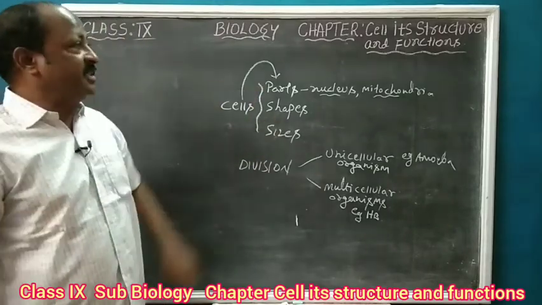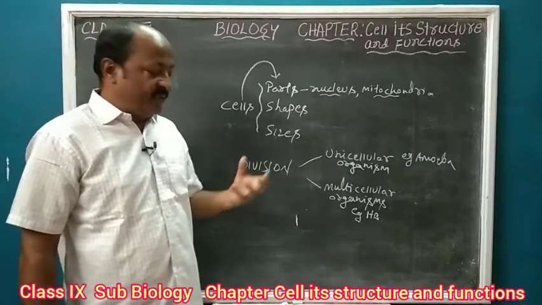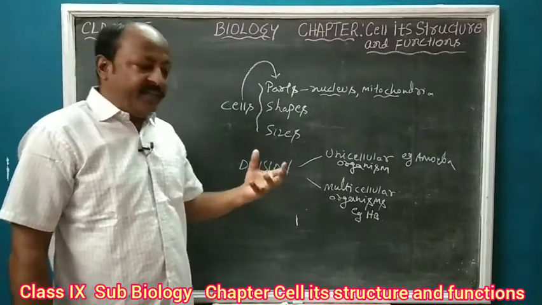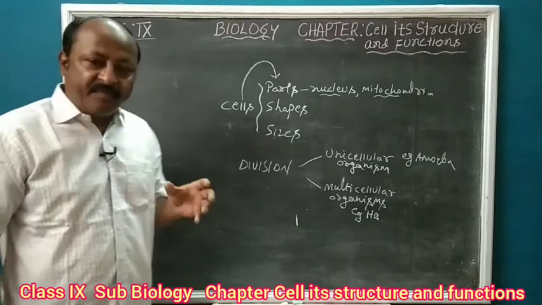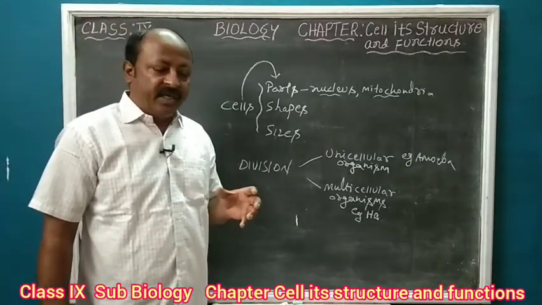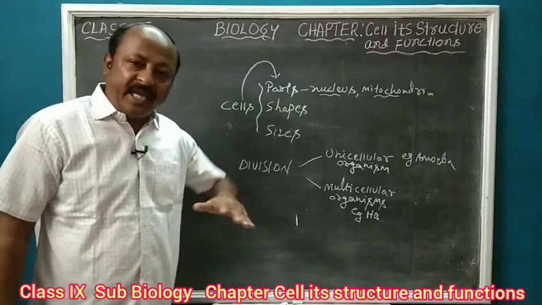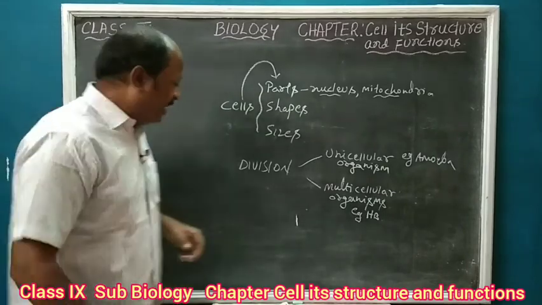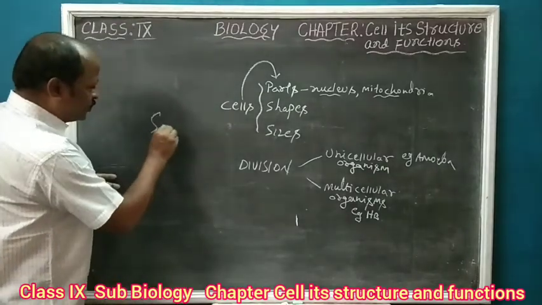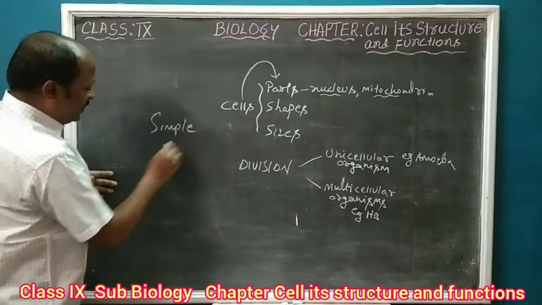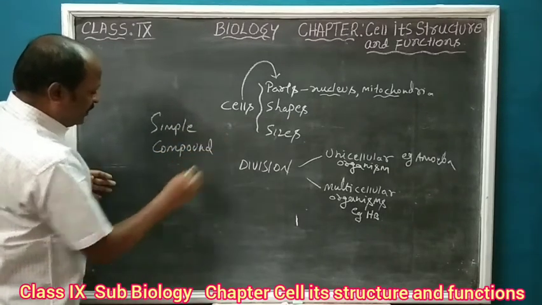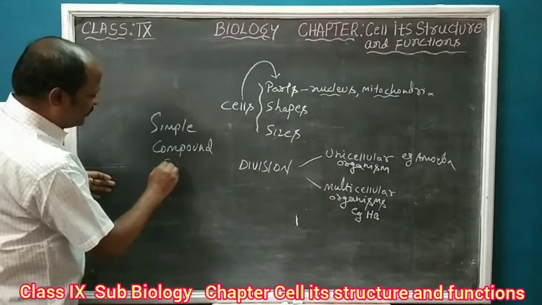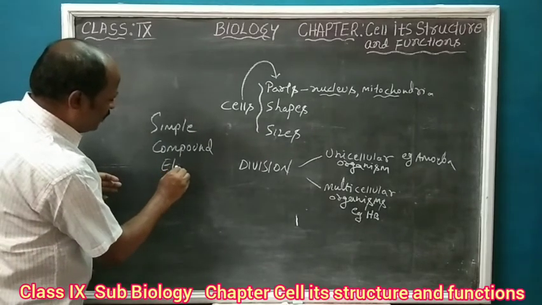In this lesson we are going to study the structure of the cell and the organelles present inside the cell. To see them, we have to use a microscope. There are different types of microscopes: the simple microscope, the compound microscope, and the electron microscope.